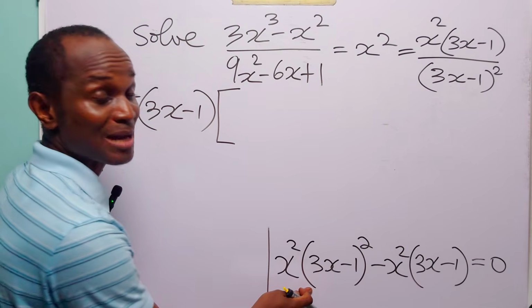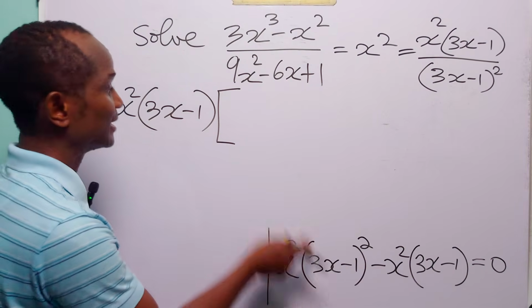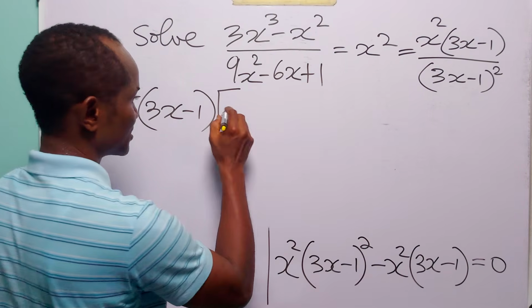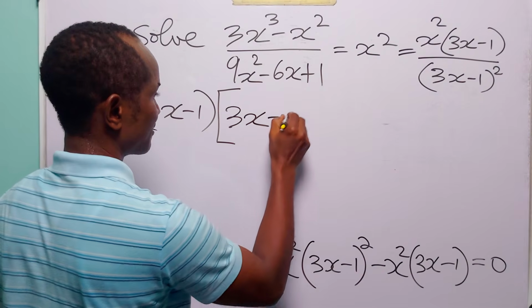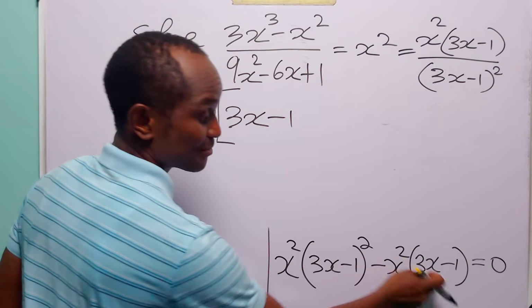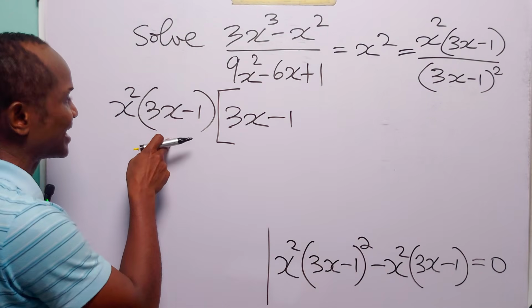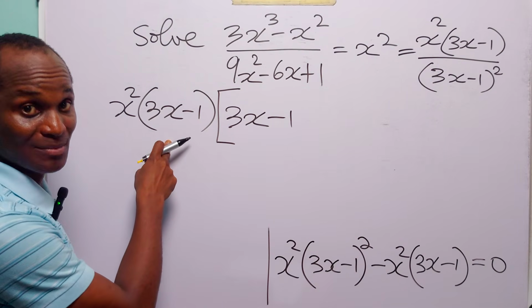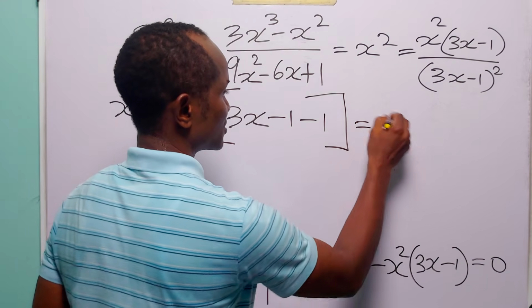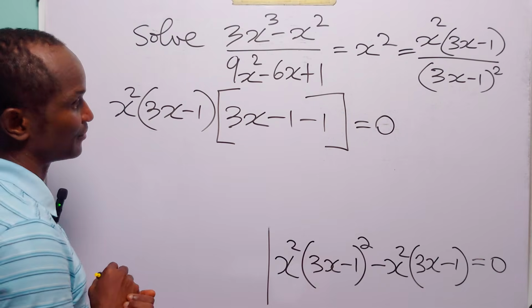Now, x squared times 3x minus 1 squared divided by x squared times 3x minus 1 is going to give us 3x minus 1. And minus x squared times 3x minus 1 divided by x squared times 3x minus 1 is going to give us minus 1. And of course, this is equal to 0.